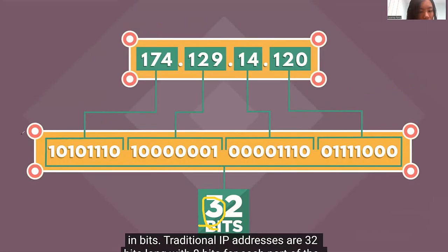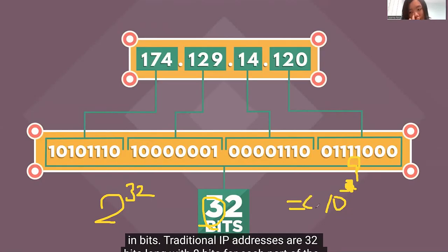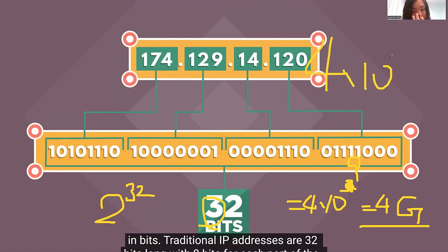So this IP address totally you can go to 2 to the power 32, which is roughly 4 times 10 to the power 9.